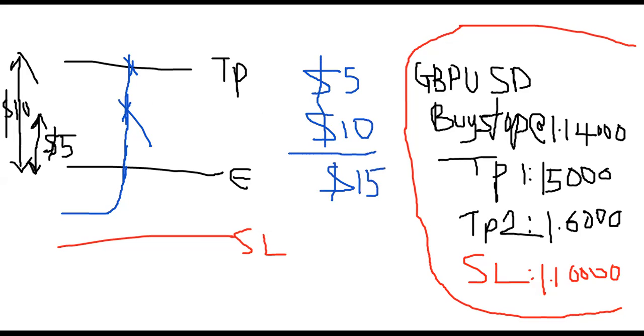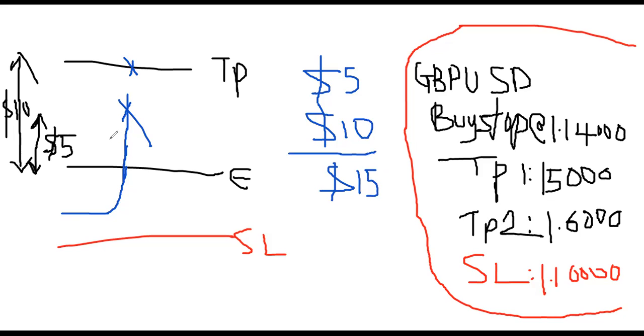But if my students' first trade hits TP1, like the way I've shown there, and I have my $5, this is what I tell them. You can move your stop loss above the entry point.